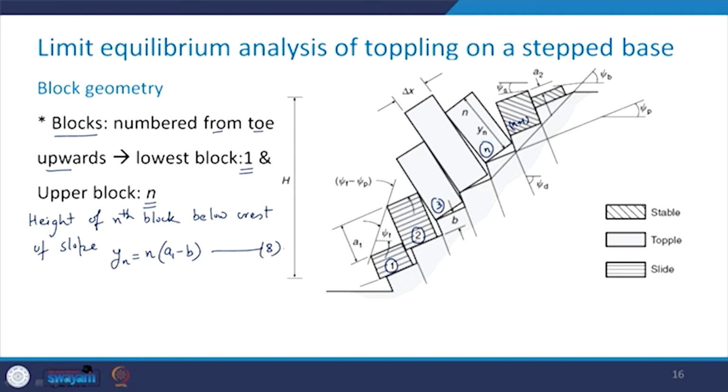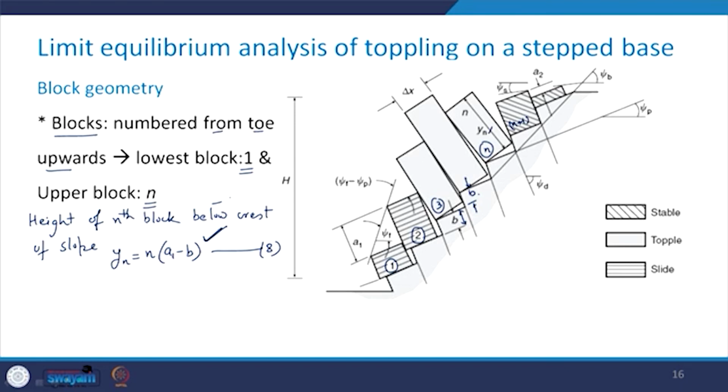Here you need to keep in mind that I am considering b to be the same for all the blocks, otherwise I will not be able to arrive at this expression. This highest block can be below the crest, or it can be at the crest, or it can be above the crest.